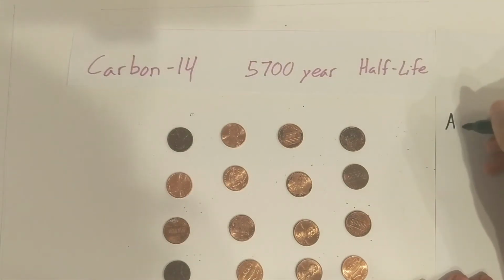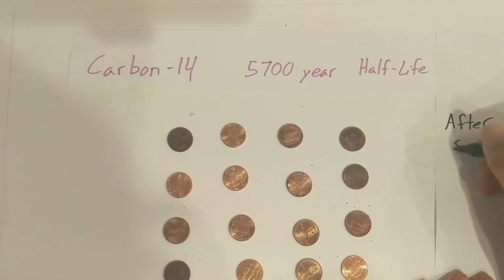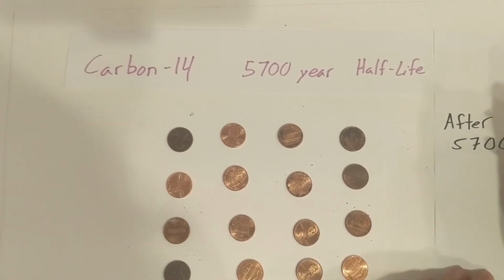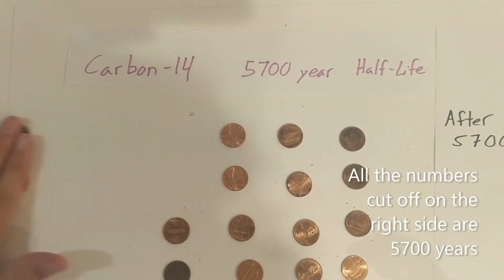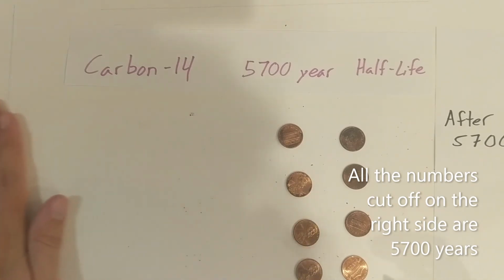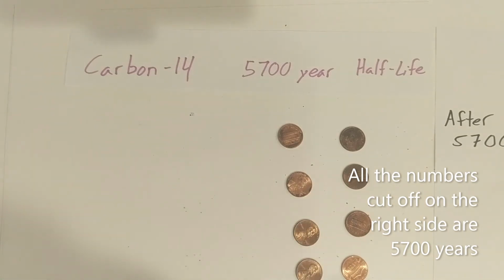So after 5,700 years, half of my carbon-14 will have gone away.